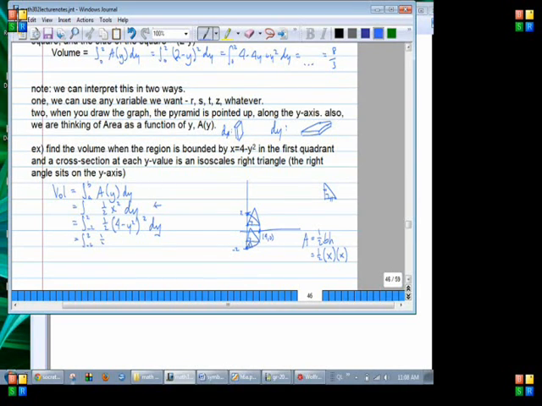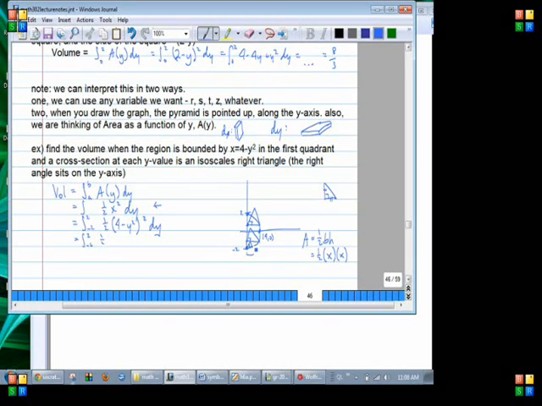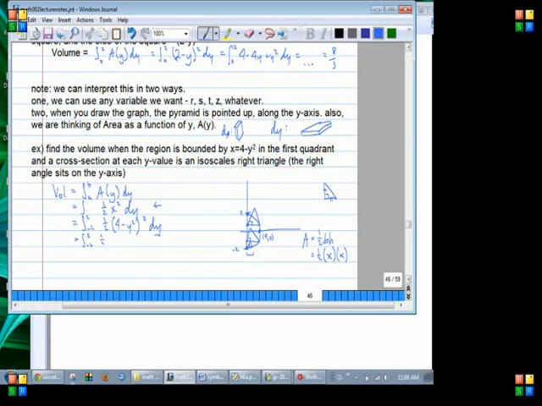So when you integrate, you better be integrating with y as your variable. And notice that going back to the picture, the base is actually just whatever the x value is. But x is a function of y.